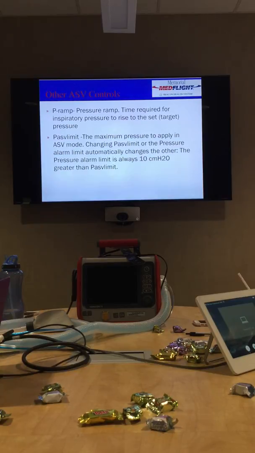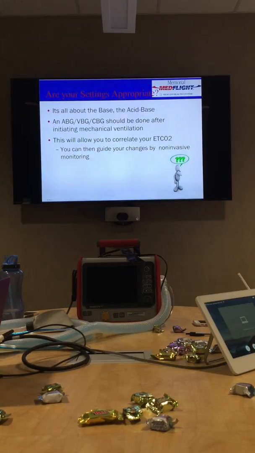This is kind of the same thing that we'll sit there and turn up a little bit. Just an FYI, if you're getting a lot of alarms, this is defaulted at 30, and your alarm is set at 40. Yes, that's the way we did it. So you can also change that if you're getting a lot of alarms and your patient warrants it needing to be changed.